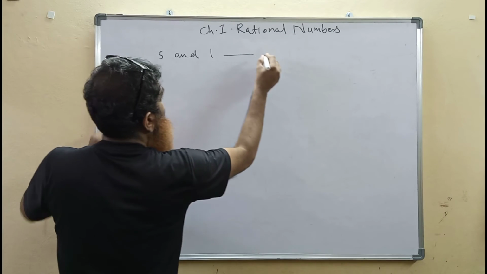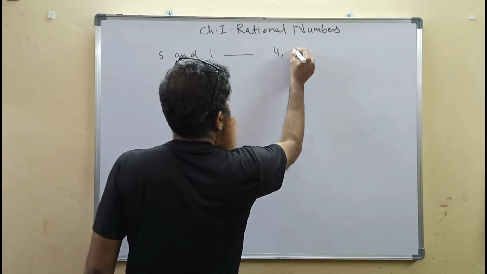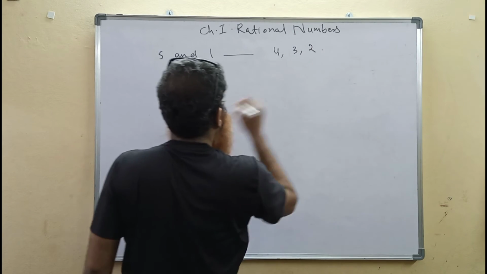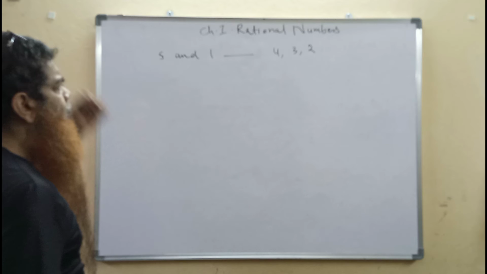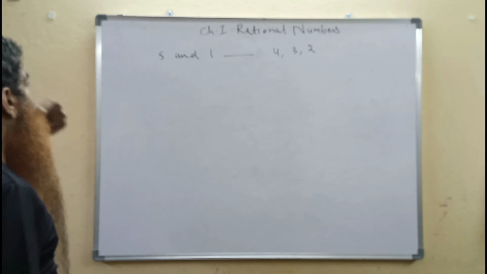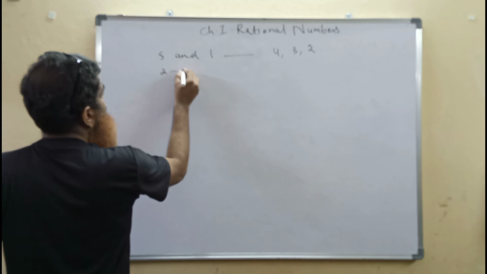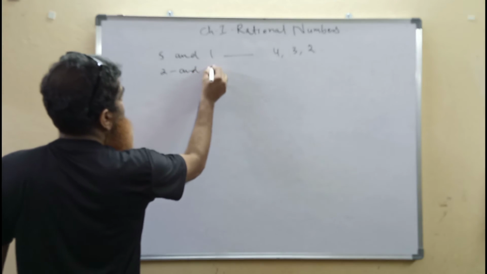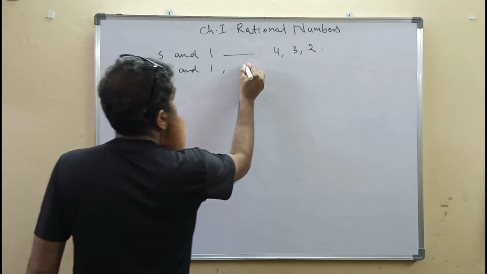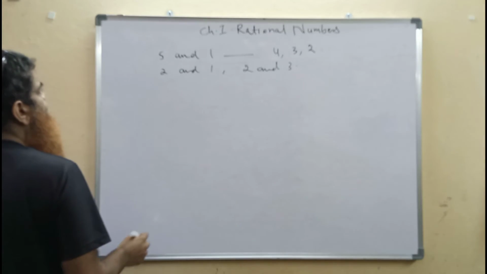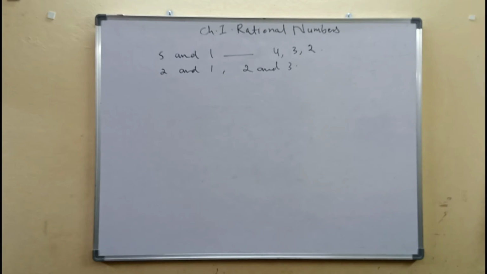You can understand they are after 1 or before 5, it should be 4, 3 and 2. Are there any rational numbers between 2 and 1 or between 2 and 3? Yes, we can find out.